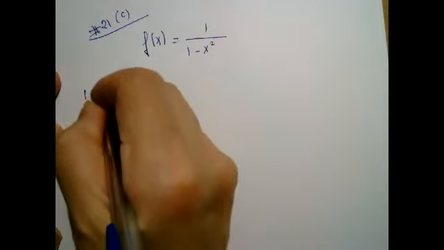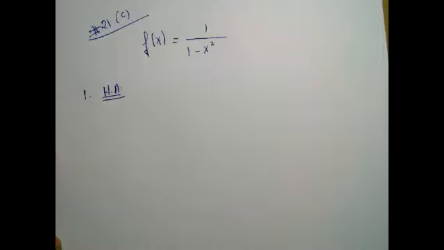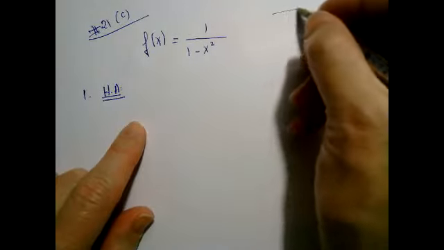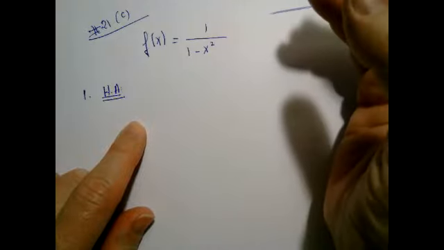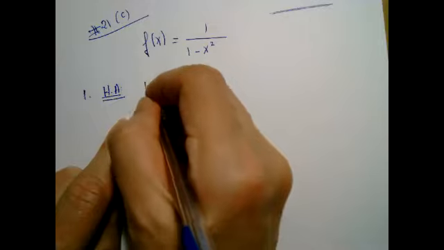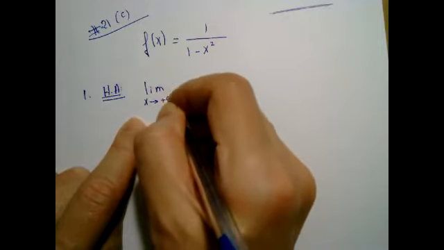First, horizontal asymptote. It's a good time to remember that. What are the horizontal asymptotes? Finding them boils down to finding the end behavior of the function.